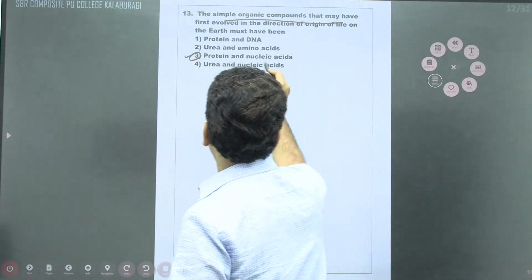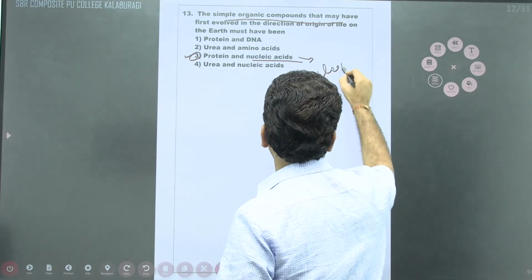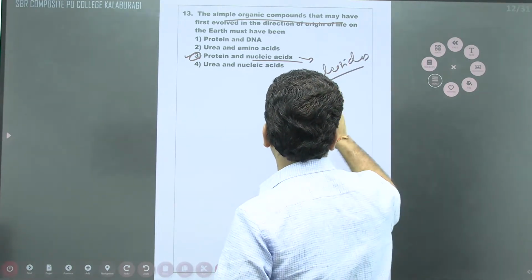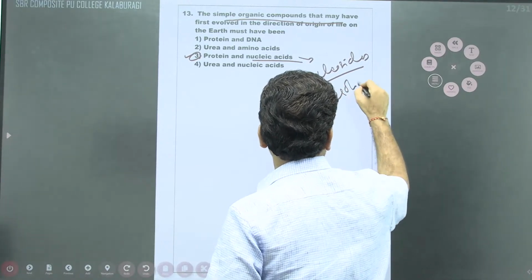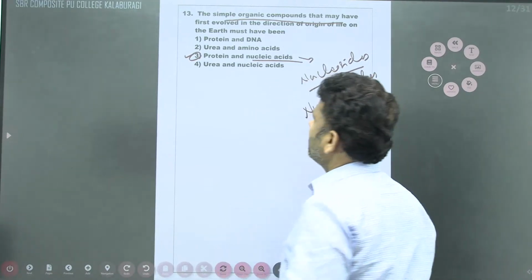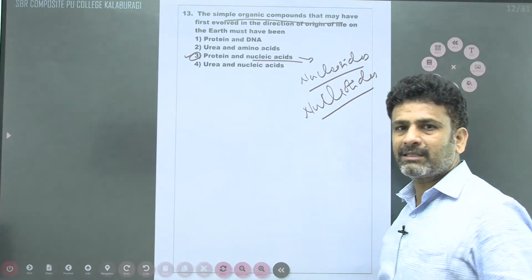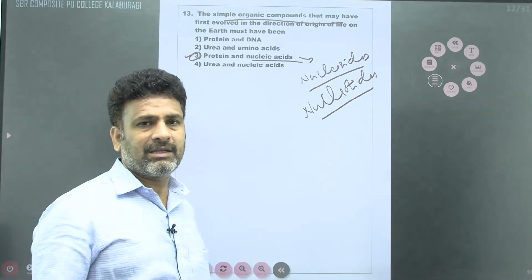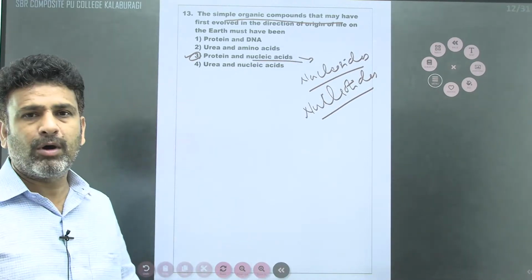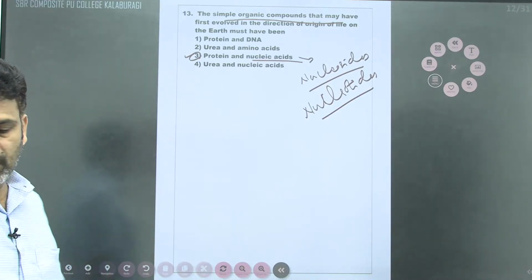These nucleic acids are mainly present in the form of nucleosides or nucleotides. The nucleotides evolved in ancestral earth climatic conditions did not act as a DNA molecule or genetic material, but as a simple biomolecule. So that's why the option is the third one.